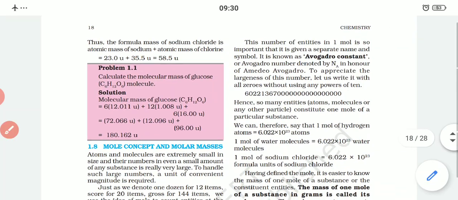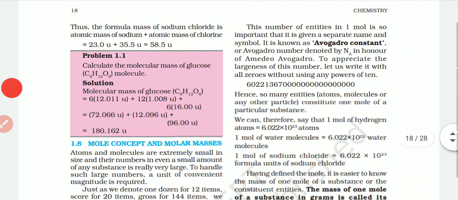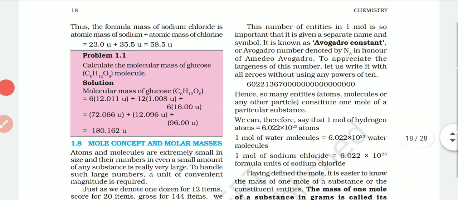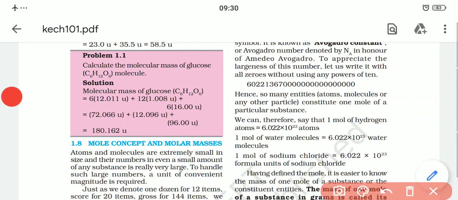Now calculate the molecular mass of glucose. It is very easy. How to calculate? You have to know the formula, C6H12O6.